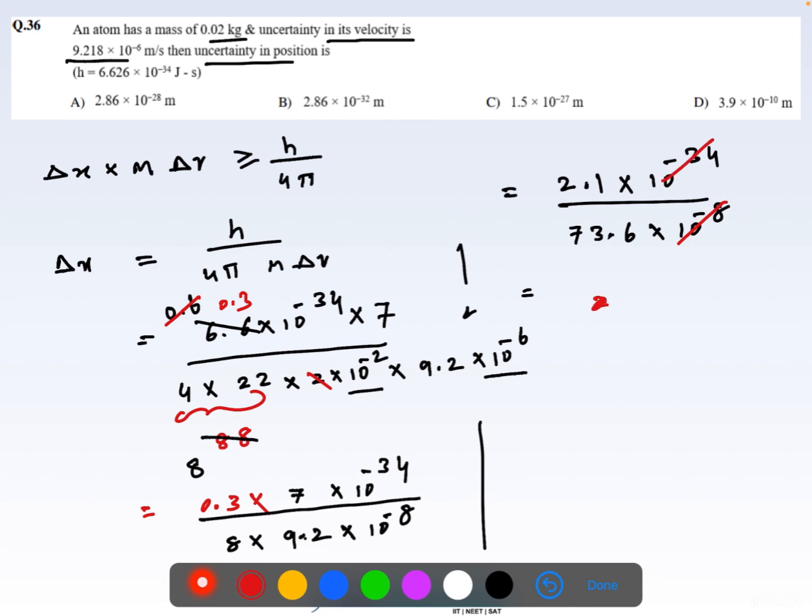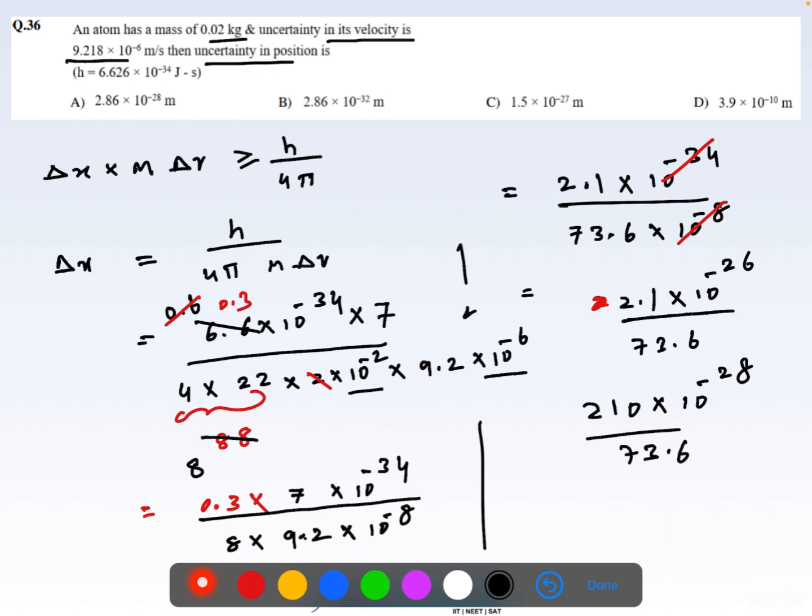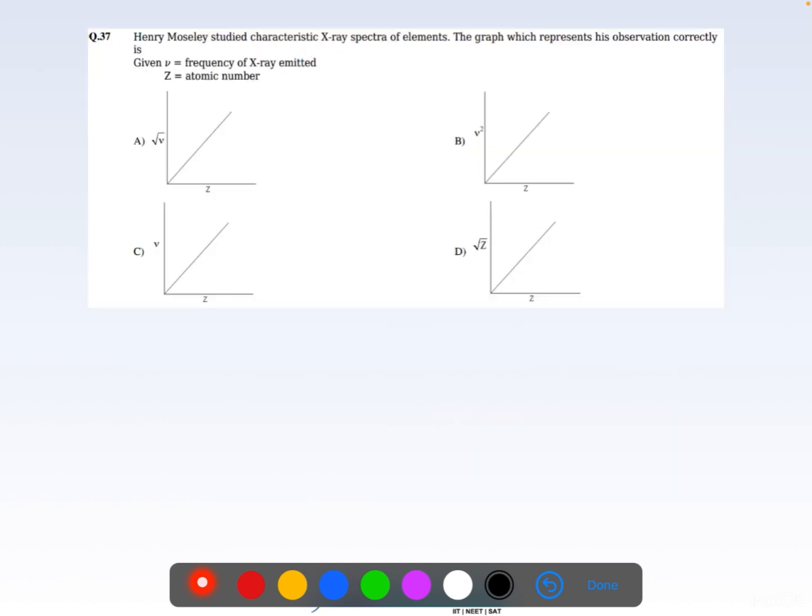So here I have 2.1 into 10 to the power minus 26 divided by 73.6. So I write this as 210 into 10 to the power minus 28 divided by 73.6. So this exactly comes to 2.85. So I have 2.85 into 10 to the power minus 28 meters as the answer. So the correct option is A.